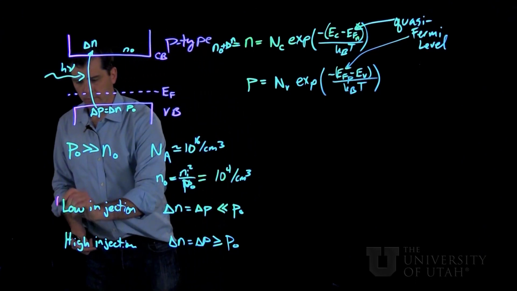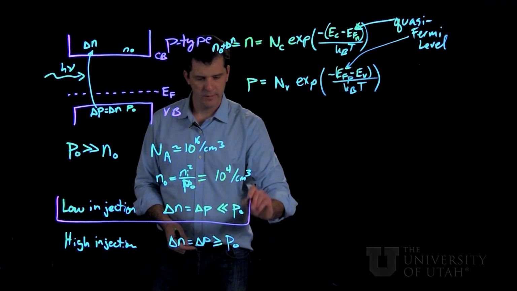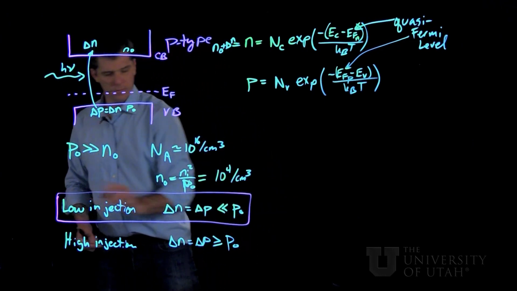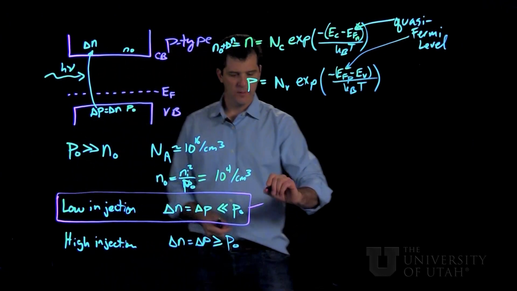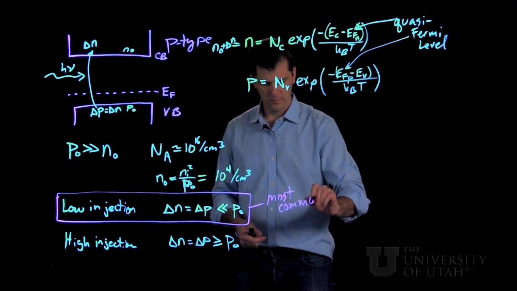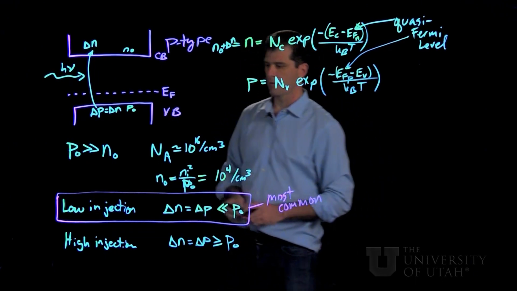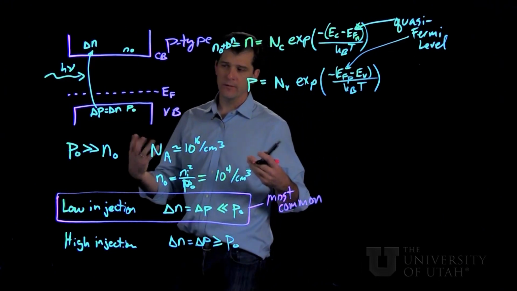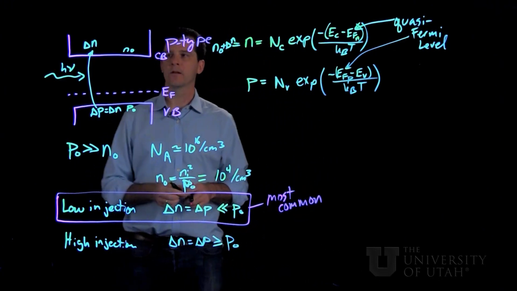So most cases are going to live in this low injection regime, and most of our device behavior, our most common case, is going to be low injection. And it's nice because this allows us to simplify a lot of the equations.